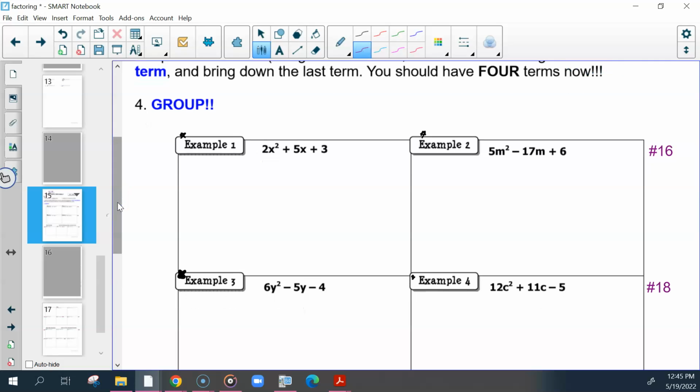So we're going to start with example 1. We first need to see if there's a GCF, something that each of these terms have in common that we could divide out. Does it have a GCF? It doesn't, other than 1.